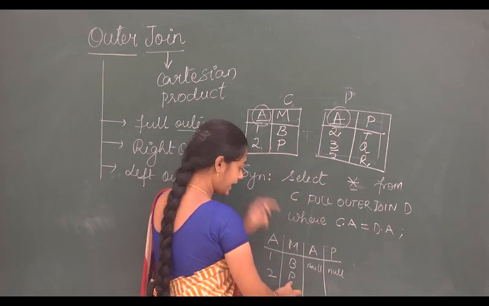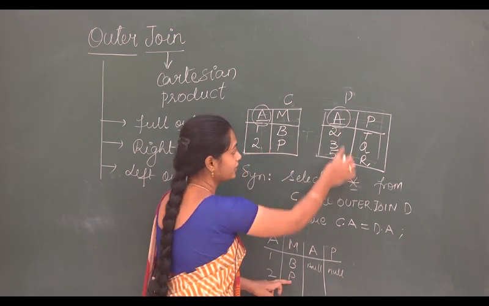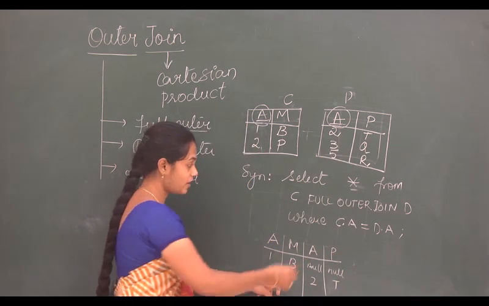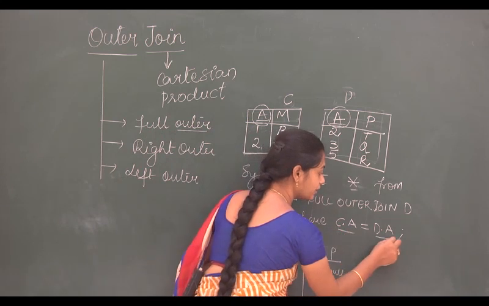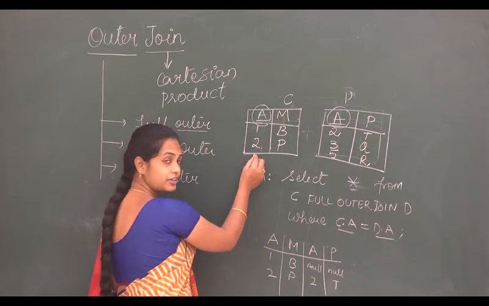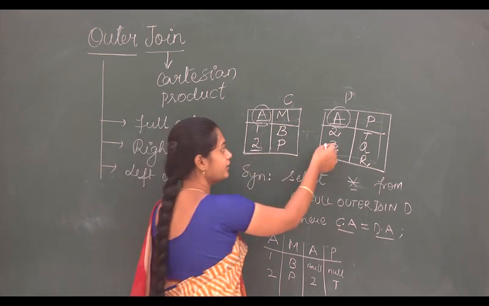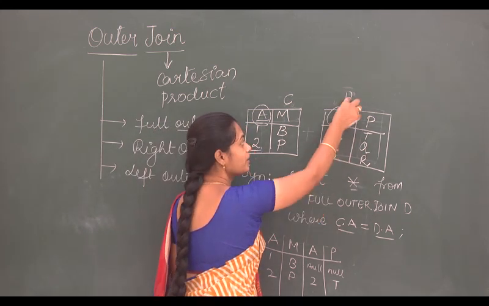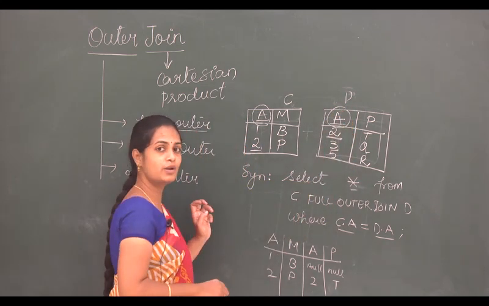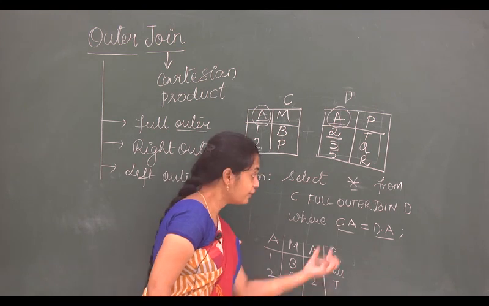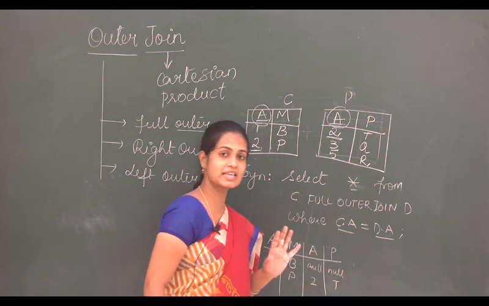So 2P, and what is the value here? So you will get 2T here. Okay, because see here, C dot A is equal to D dot A. So what is C dot A here? It is 2. Okay, and the same value is equal in the next table also. So against 2 and P it will give whatever values you have in the second table.